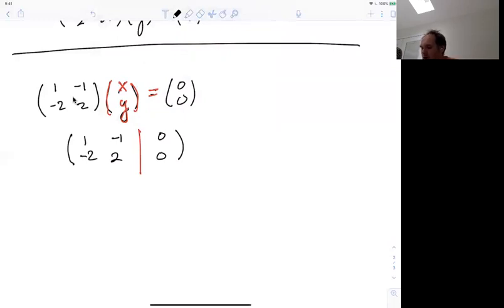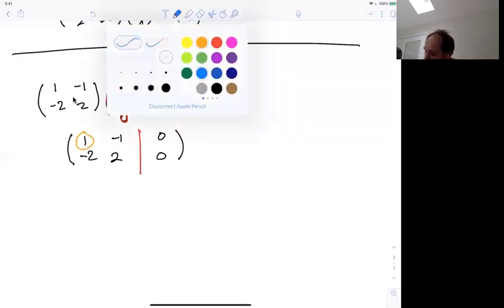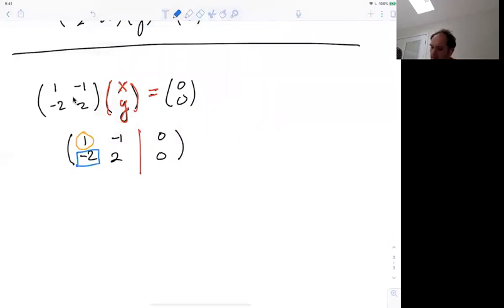Today we're going to be a little more intentional about how we do this. We're going to identify a leading position, that one right there, and we want to zero out everything below it. To do that, we're going to take that row and multiply the circled one, in this case the first row, so we need to add 2 times the first row.